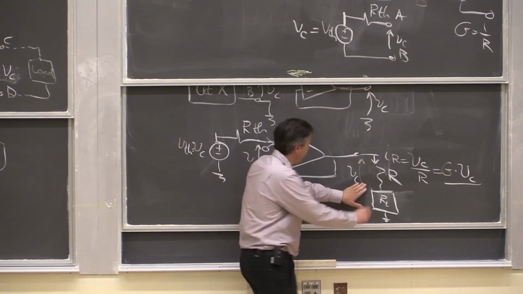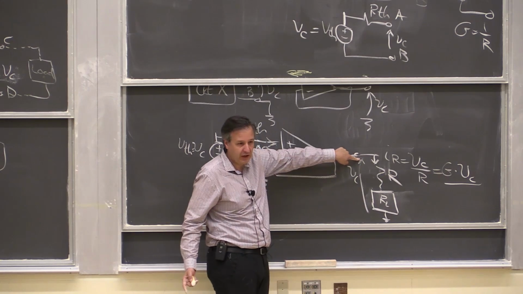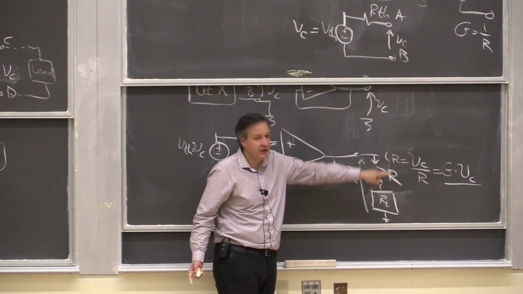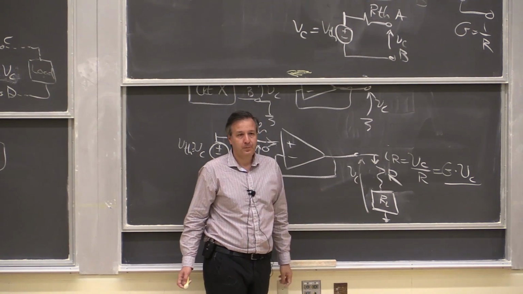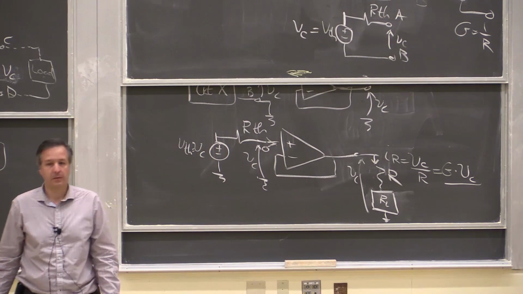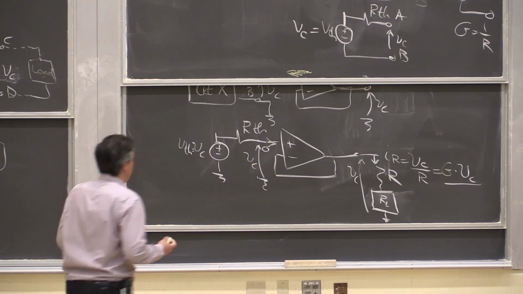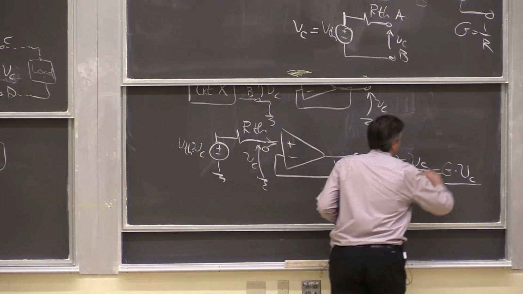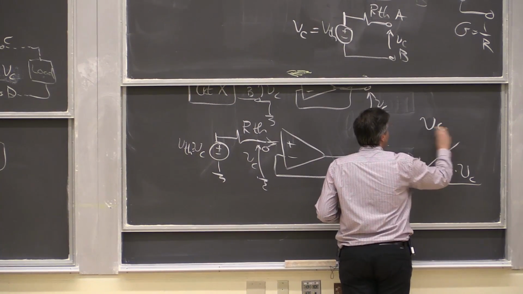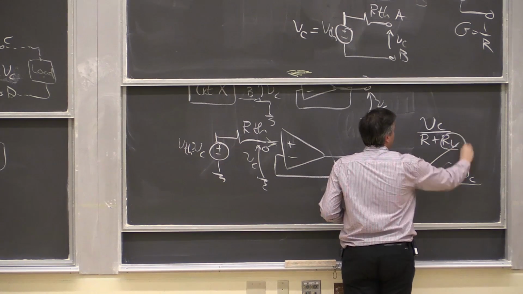So now VC is always to ground, from the output. So how does this current change then? Is it still VC over R? What is it? Yeah, so it's now, instead of this, actually VC over R plus R load.